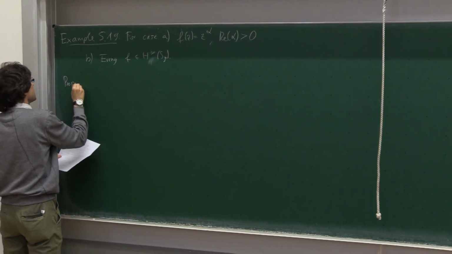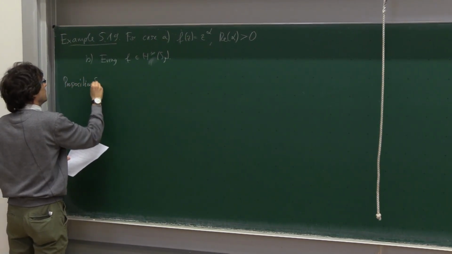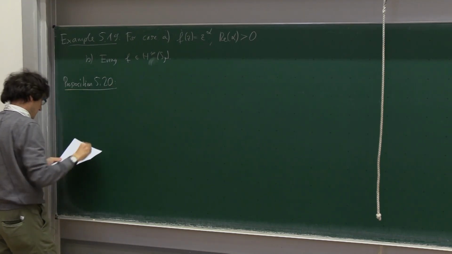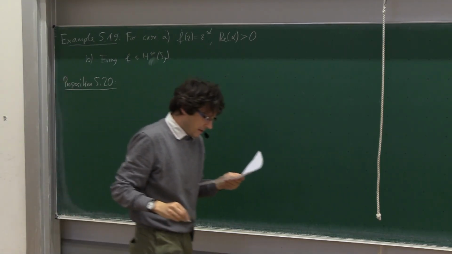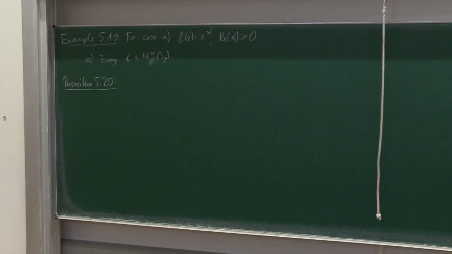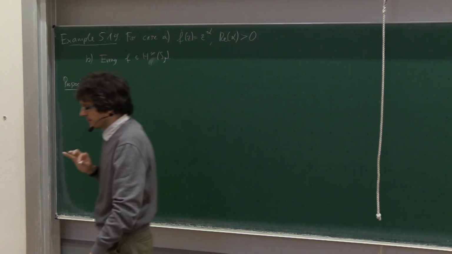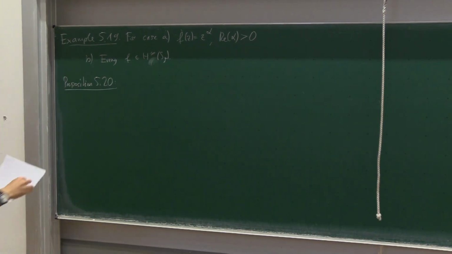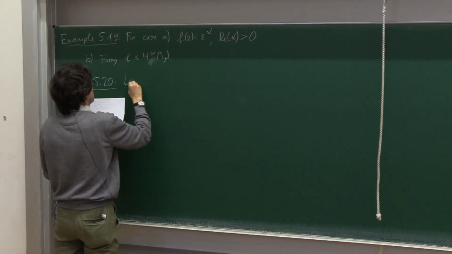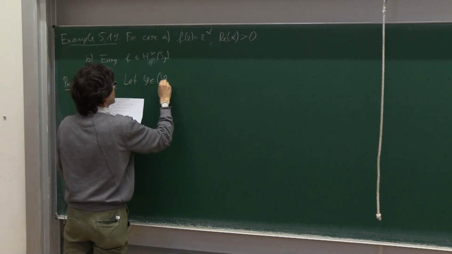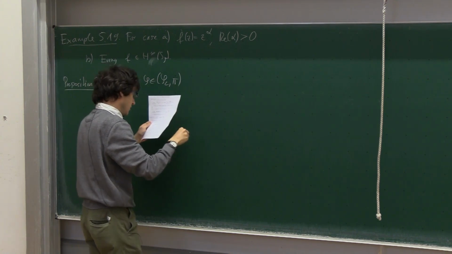So one last thing in this chapter is dealing with functions that are inverse to each other as complex functions. So the situation is the following. We have again a sectorial operator. We choose the right sector.